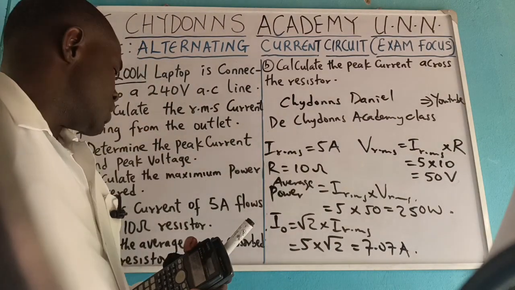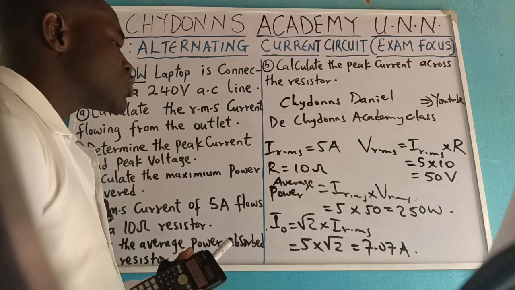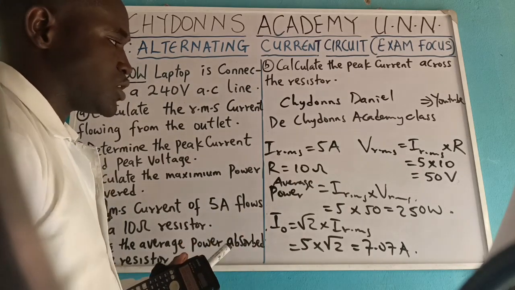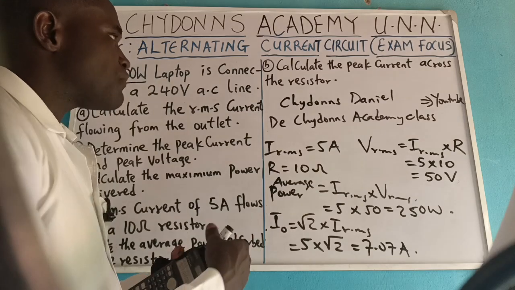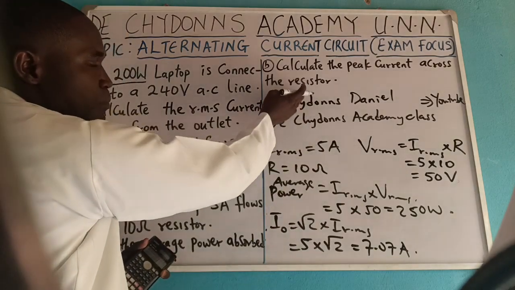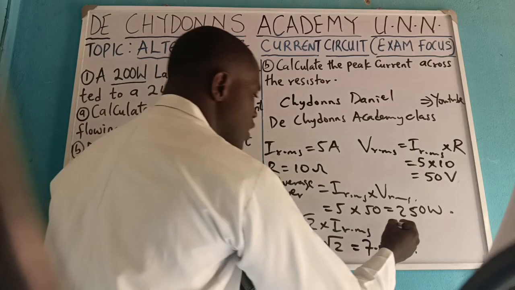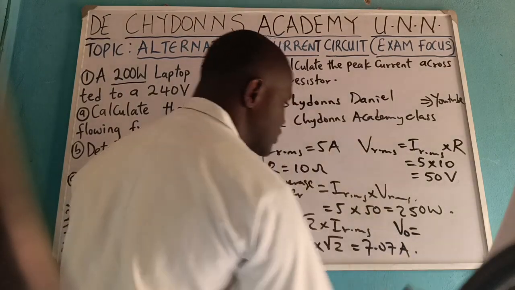Then if they also ask us to find peak voltage, in this place they didn't ask us, but if they ask, peak voltage is equal to root 2 times V root mean square.